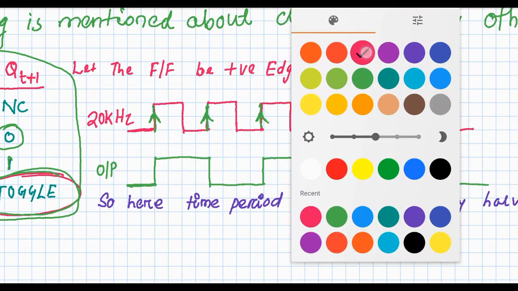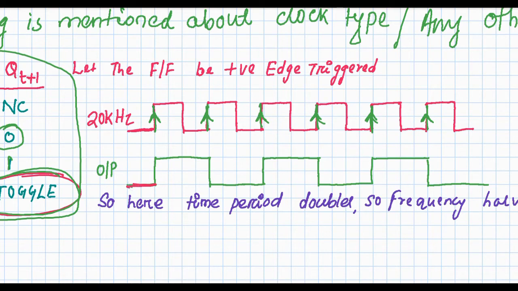When the clock is applied at the positive edge, the output will be 1, and it stays 1 till the next positive edge. Then it toggles again from 1 to 0 and waits till the next clock, where it toggles again from 0 to 1. So the output will flow like this.